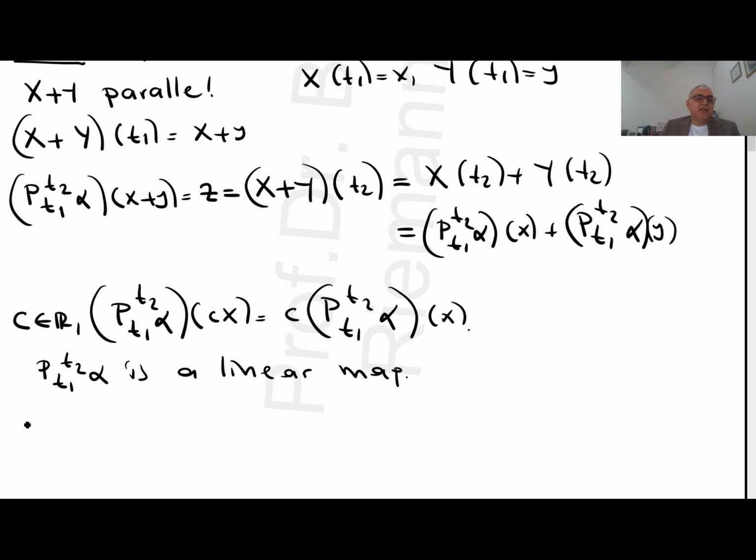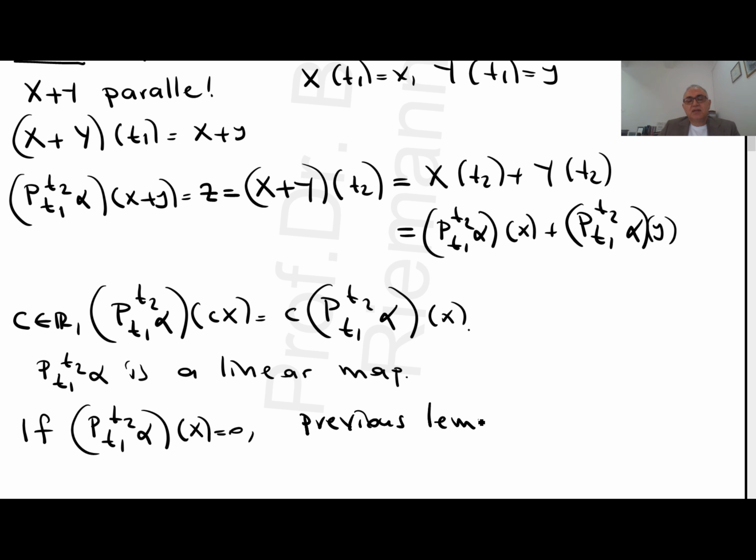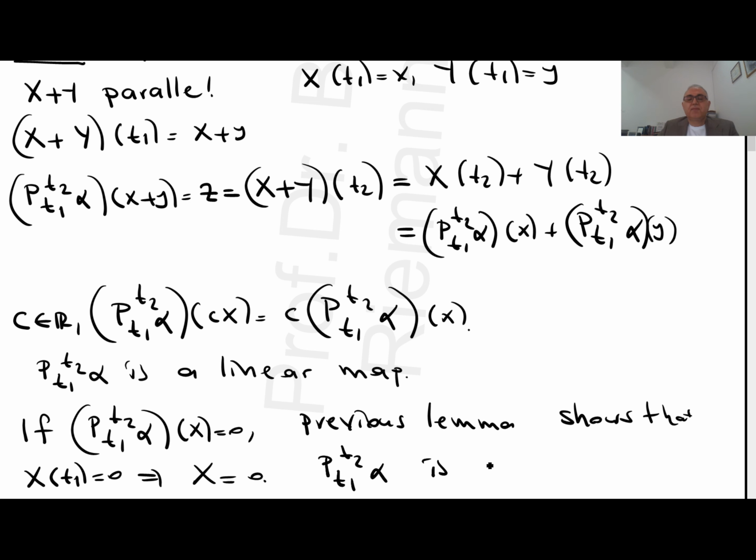First, if P_{t1,t2}^α x is 0, then the previous lemma shows that, because it is unique, this x(t1) is 0, so it means x is 0. So this P_{t1,t2}^α is one-to-one.